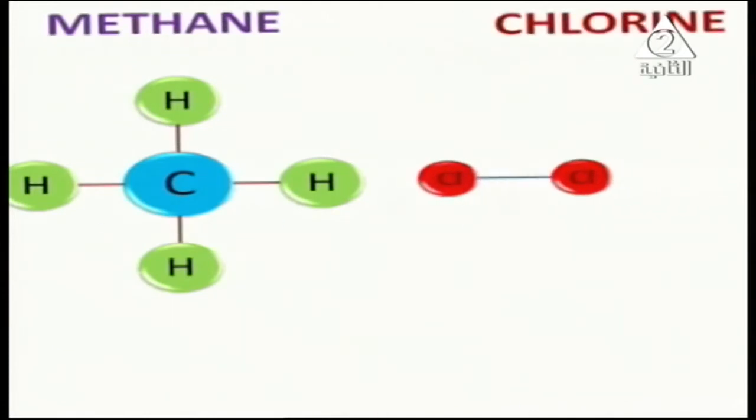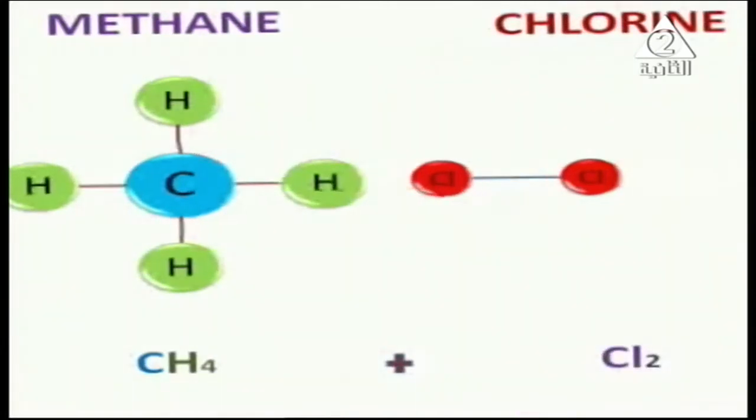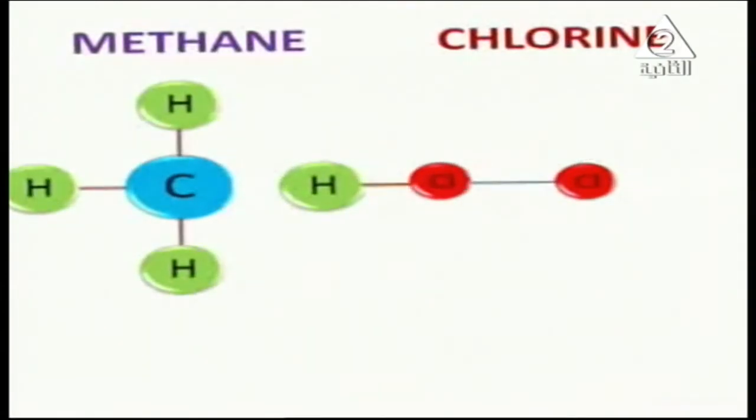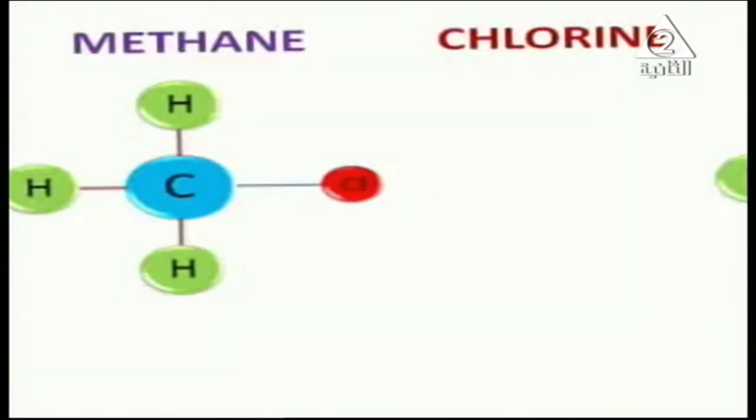Here the carbon is bonded by 4 sigma bonds to hydrogen, and the 2 chlorine atoms are bonded by a single covalent bond. Here the reaction occurs by breaking one of the C-H bonds and forming a C-Cl bond instead, and an HCl molecule is produced. So we substitute the hydrogen atom with a chlorine atom.